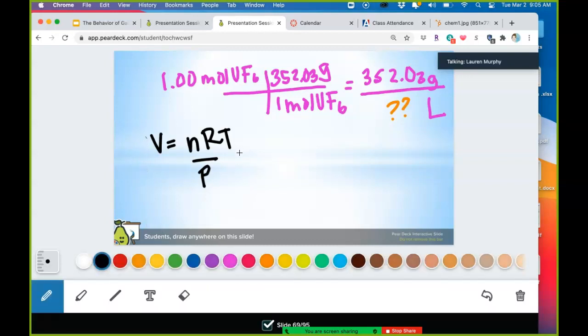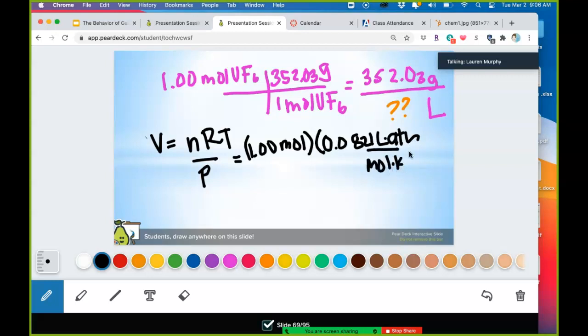Well, it was 1. That's n. You can go look up the gas law constant R for atmospheres because that's what they gave pressure in, right? It's 0.0821 liter times atmosphere over mole times Kelvin.